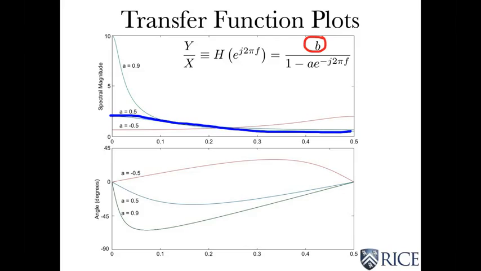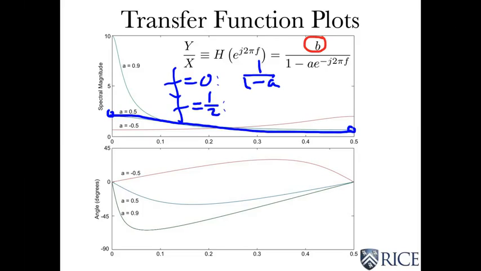And what are these values here at the low and high frequencies? At f equals 0, you put f equals 0 into this formula, you get 1 over 1 minus a. Stick in f equals 1/2.